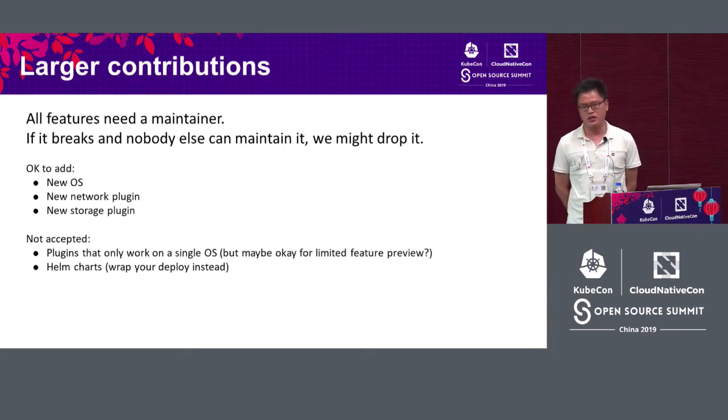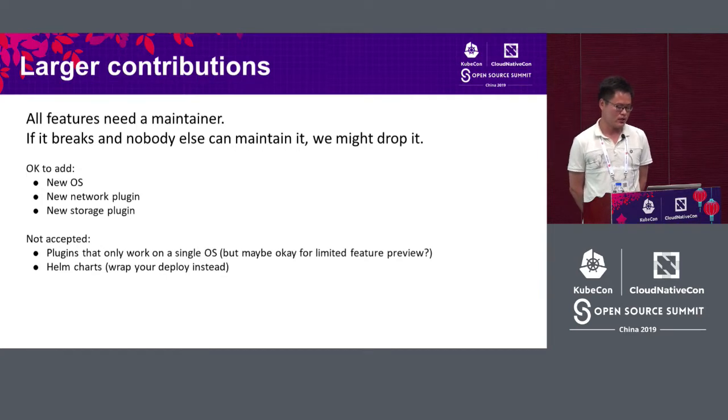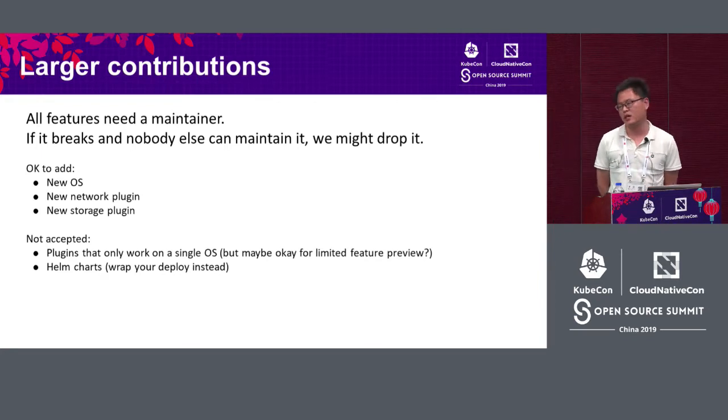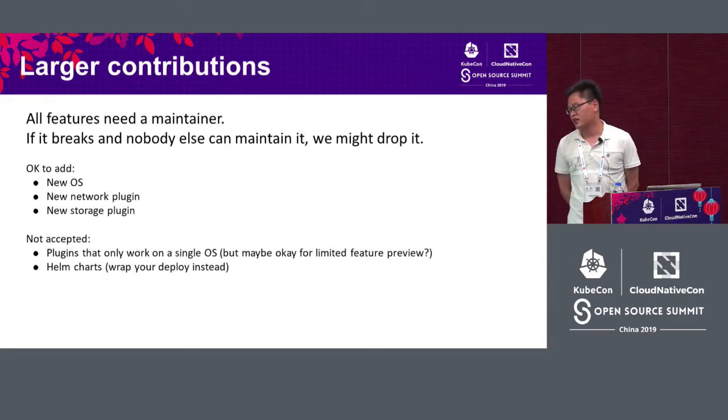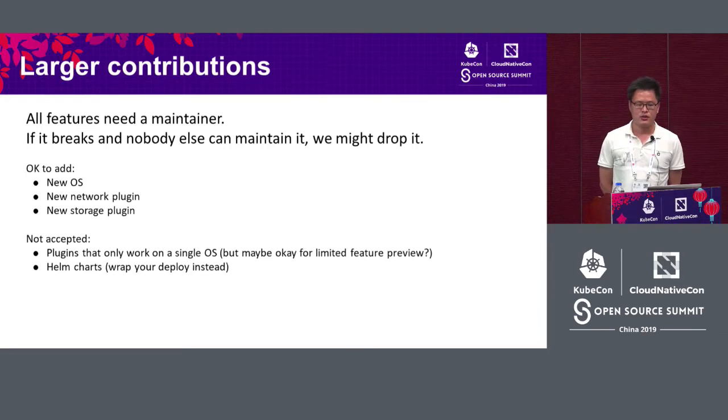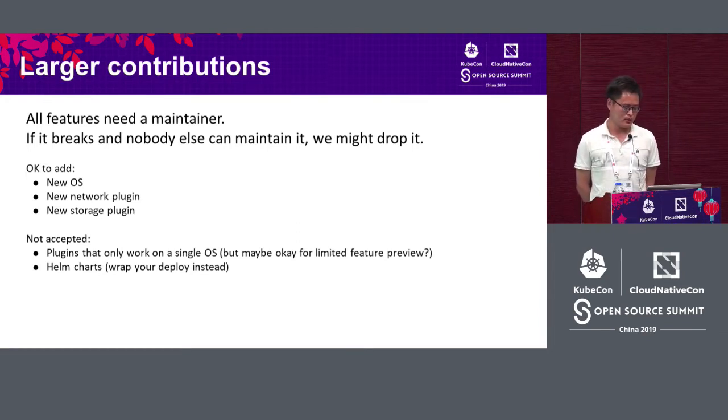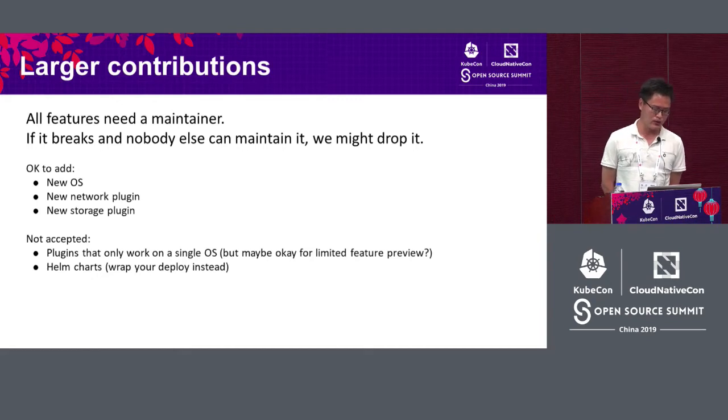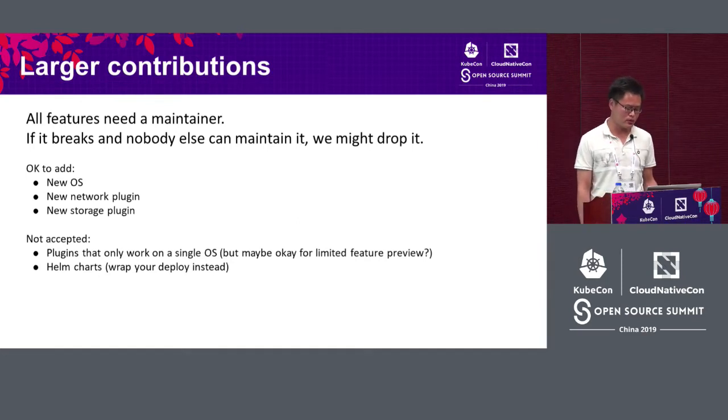If it's a plugin that only works on a single OS, we don't accept that, and also Helm charts, we don't accept that. For the deployment of Helm charts, for example, if you want to install an EFK or other software on the production cluster, you cannot just use one step to satisfy all of the requirements.